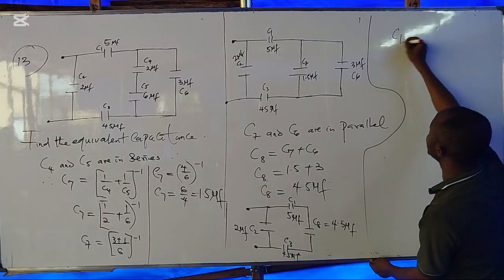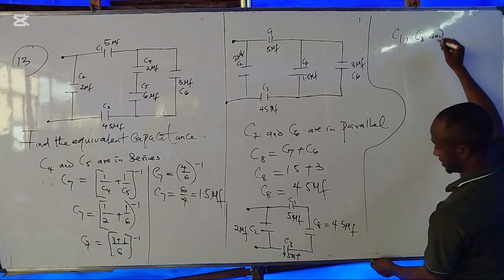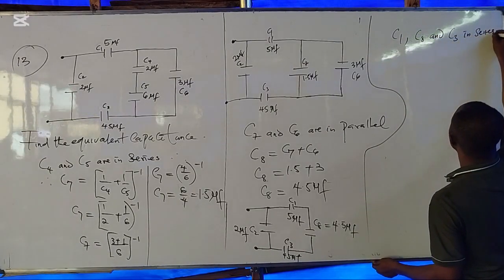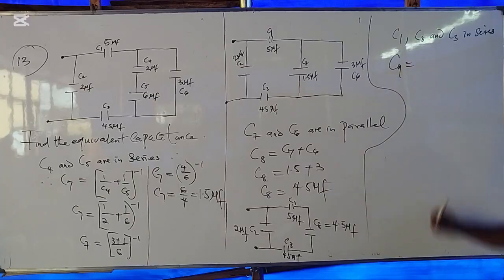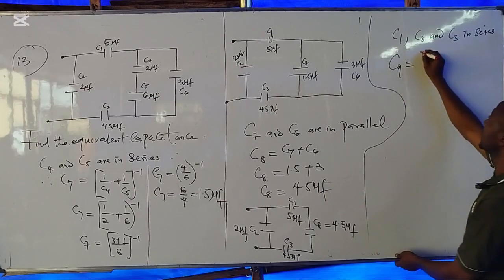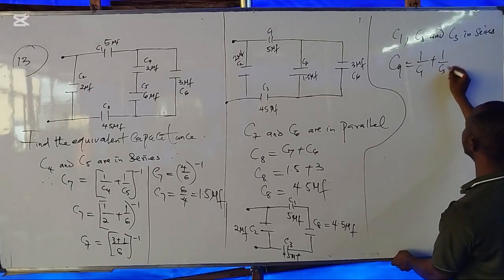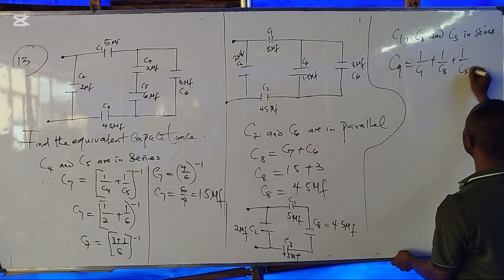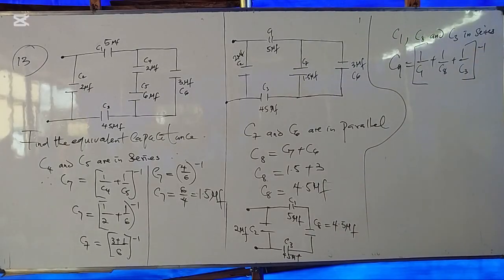Since they are in series, we have C1, C8, and C3 in series. That means our C now becomes 1 over C1 plus 1 over C8 plus 1 over C3, all raised to the power minus 1, right?